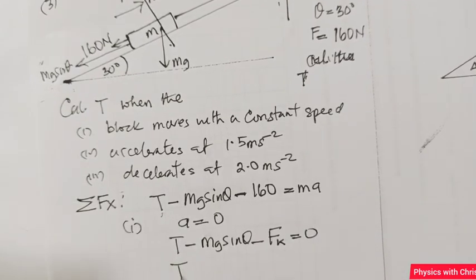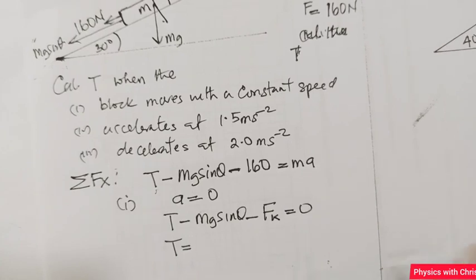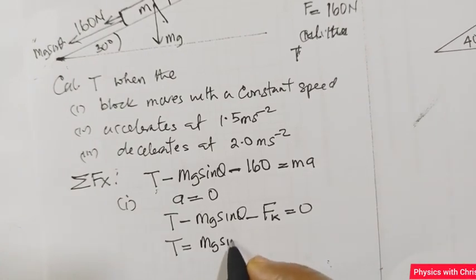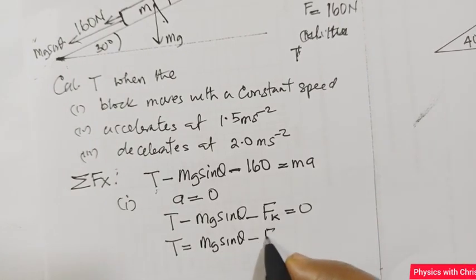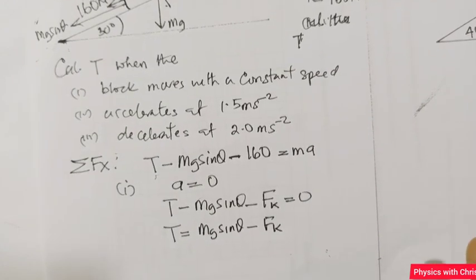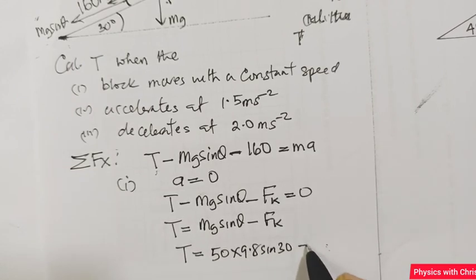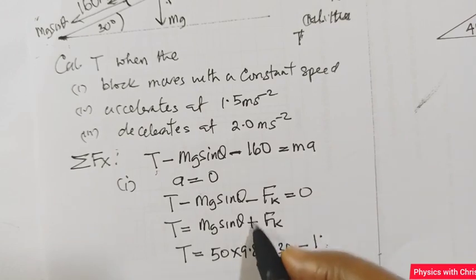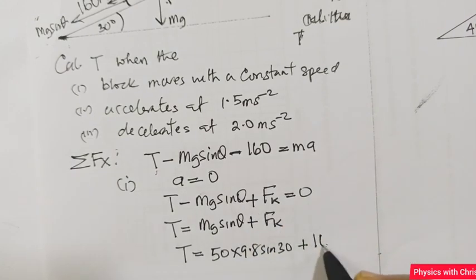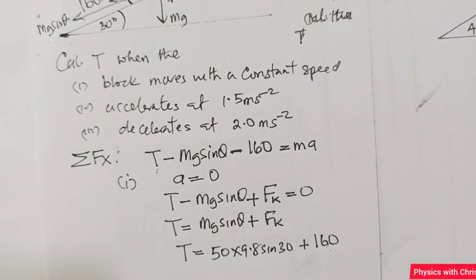So the tension in the string is just the sum of mg sine theta and the kinetic frictional force, which was given in the question. That gives me 50 times 9.8 times sine 30, sorry, this is plus 160. Yes, that's plus, not negative, please.